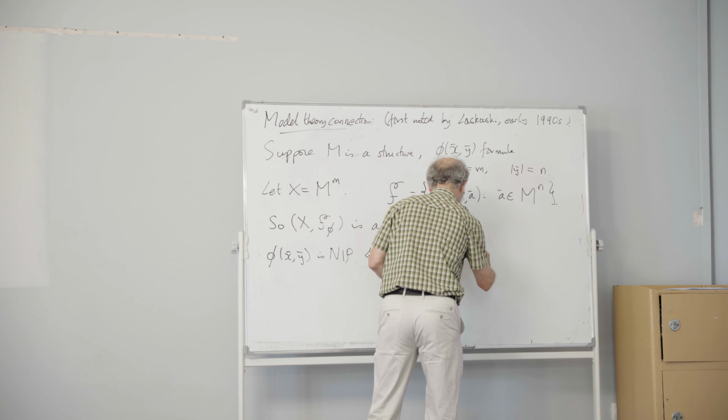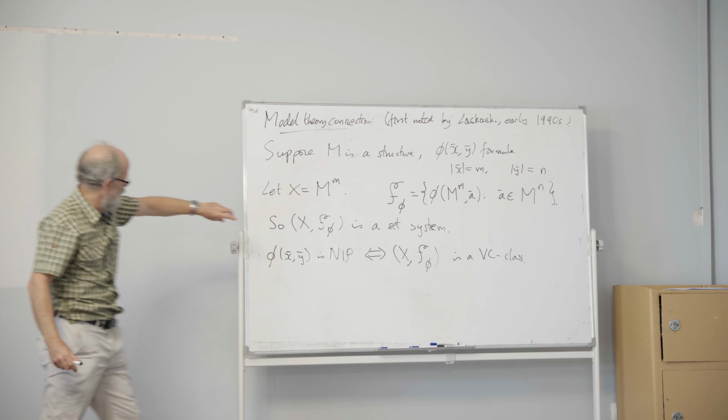There's a slight, I always get confused here when you define the idea of an NIP formula as to whether you're shattering the x variables or shattering the y variables. But in fact, phi(x,y) is NIP if and only if phi star (y,x) is NIP. It's not too important, but you have to be a bit careful about the order of x and y here.